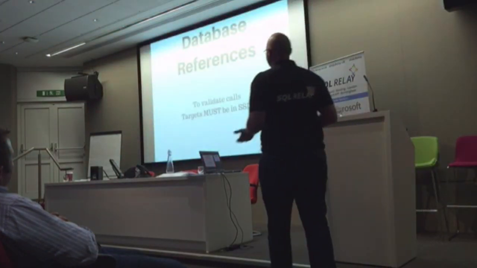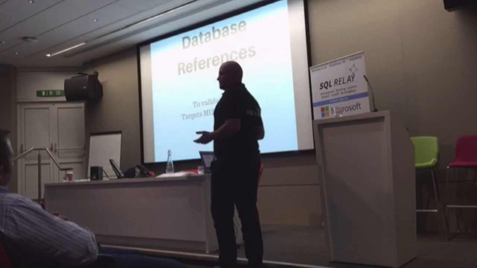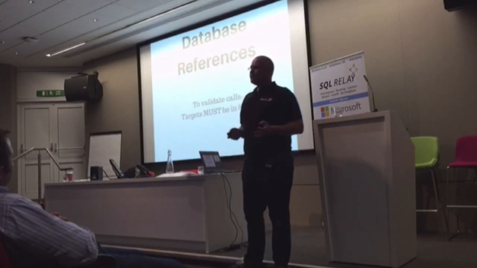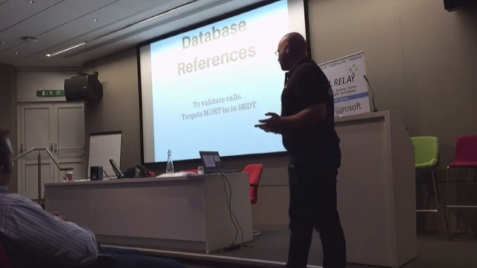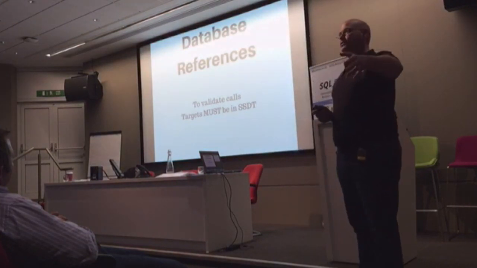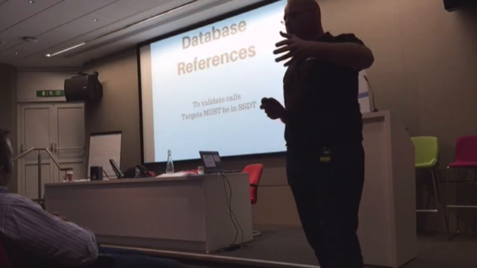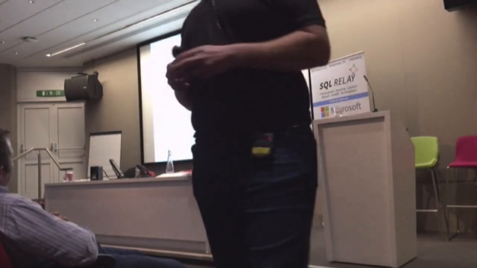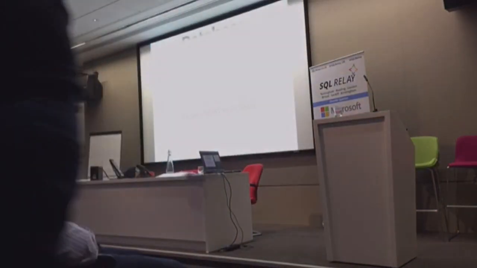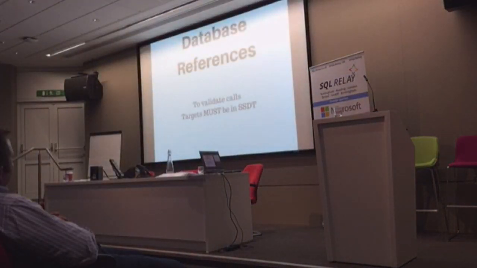But the first reason is you need to have database references. If you've got any code that makes a cross-database call to another database, what SSDT does is, for each query in a stored procedure or function, each piece of code that references another table, it validates that it is correct.